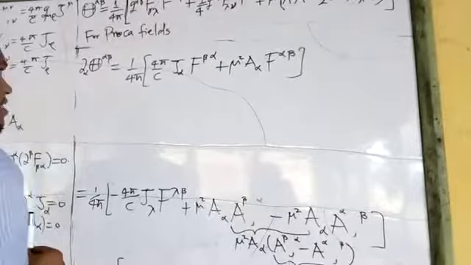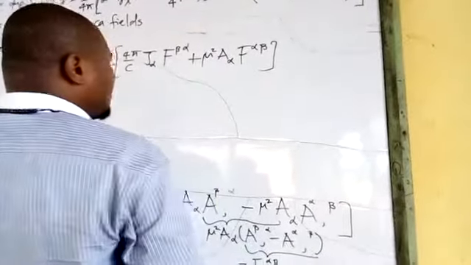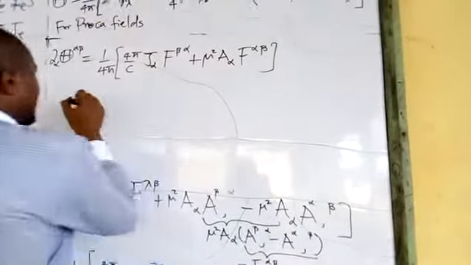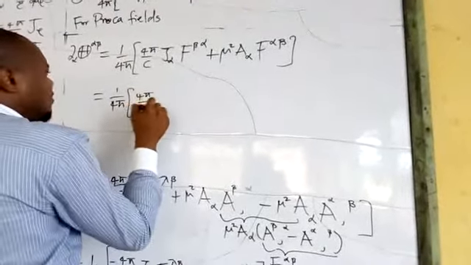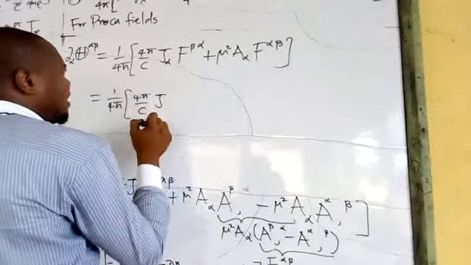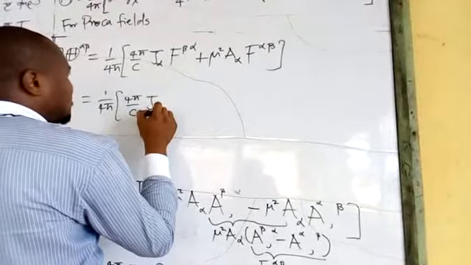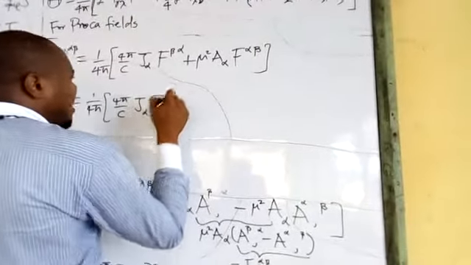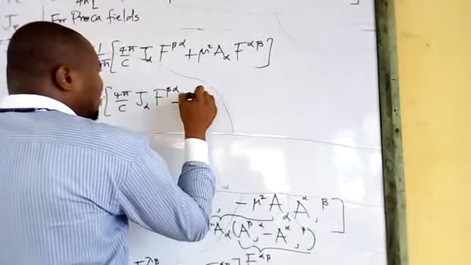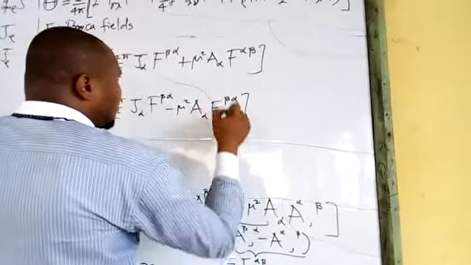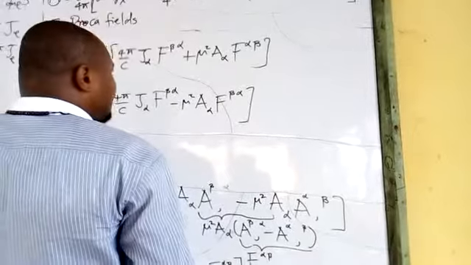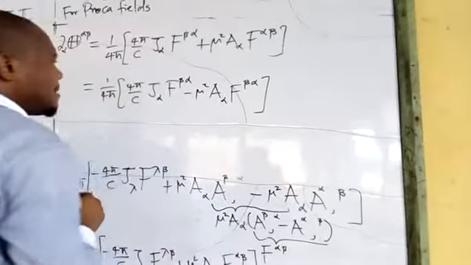So I think I'll prefer to make that interchange on this one. So this will be 1 over 4 pi, and this will be 4 pi all over c. This is j here. This will be subscript alpha f beta alpha minus mu squared a alpha, but then f here beta alpha. So the interchange between alpha and beta is what gives us this minus sign.